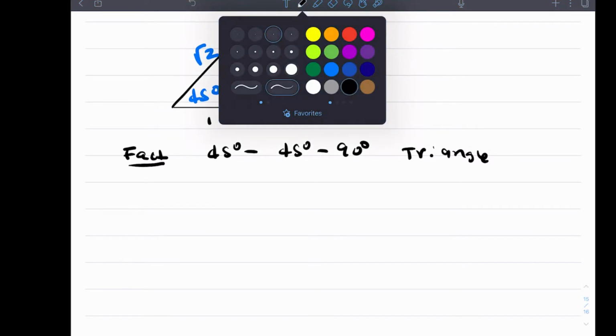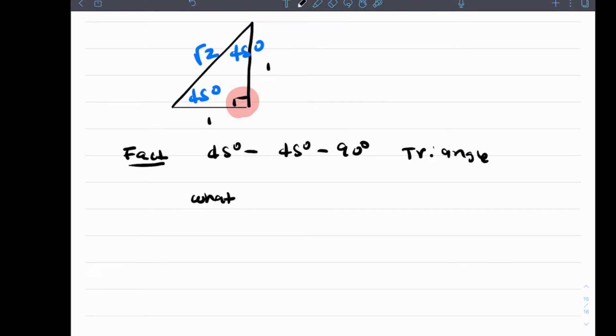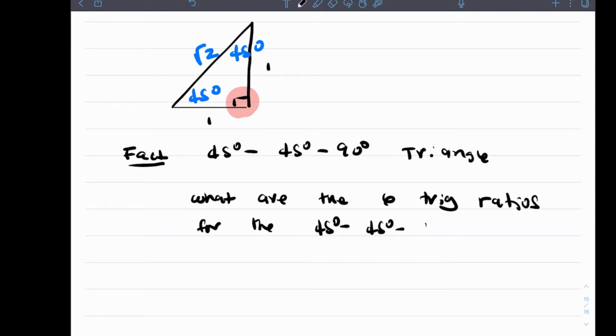Here's the question. What are the 6 trig ratios for the 45-degree, 45-degree, 90-degree triangle? Right, what are the trig ratios for these triangles?